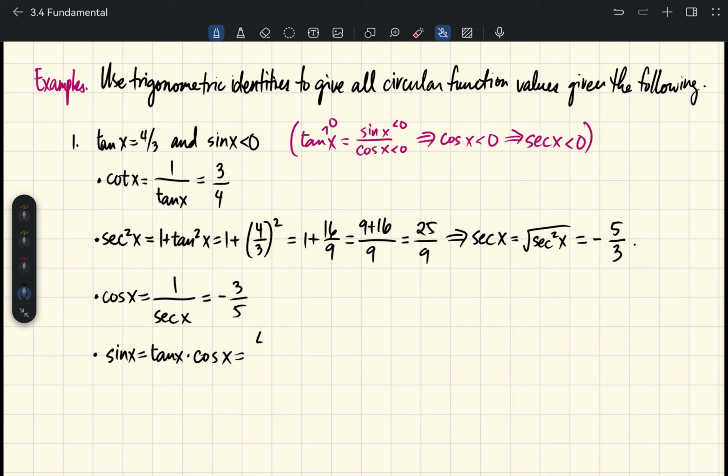Tangent x is 4/3 and cosine x is negative 3 over 5. So cancelling this, we get negative 4 over 5 as your sine. And finally, we get cosecant x equals 1 over sine x, giving us negative 5 over 4.